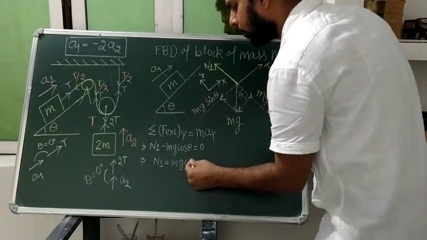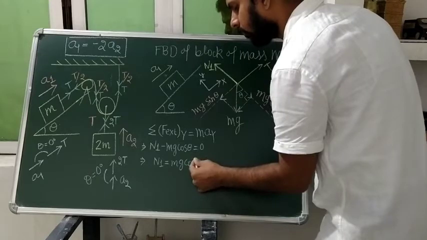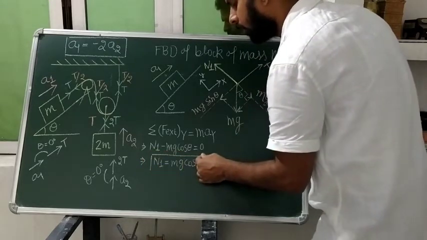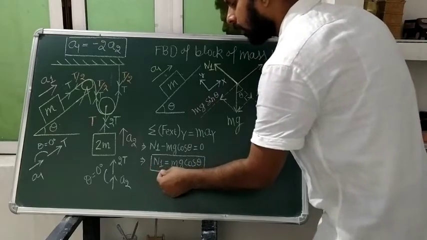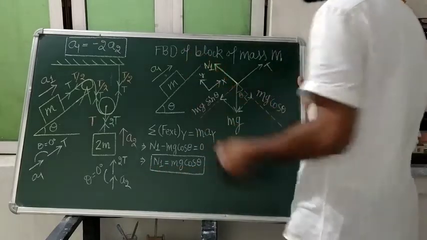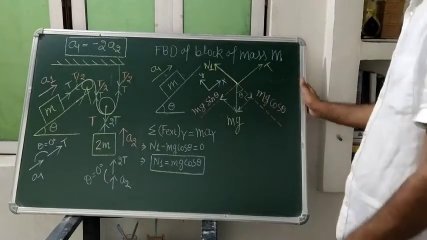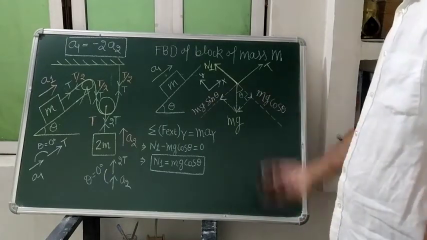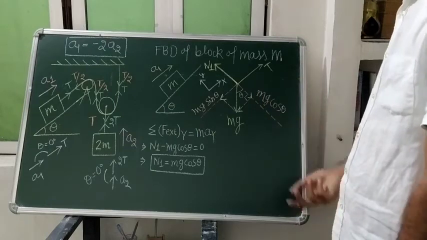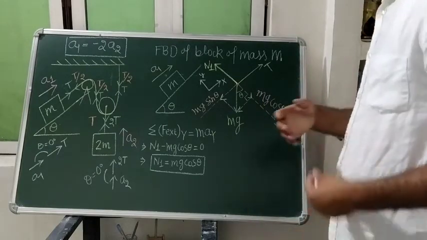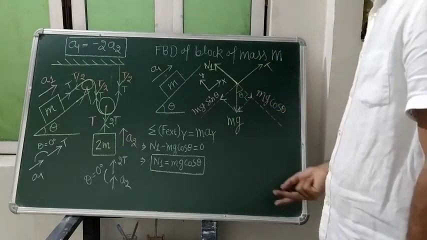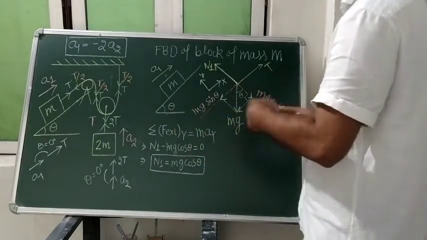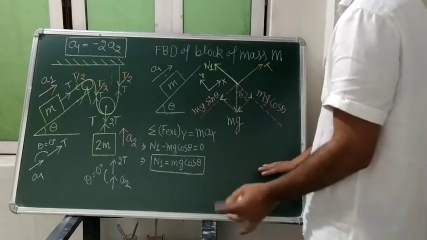So it will become Newton's first law, that if acceleration is 0 on the body, then no net external force will act on it. Or you can say, until and unless we are applying an external unbalanced force. If you are applying external forces and they are balanced, then also it will not accelerate.